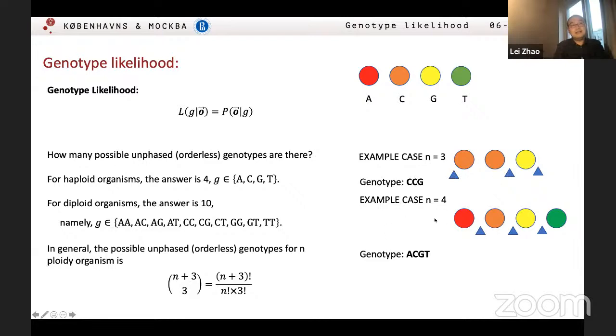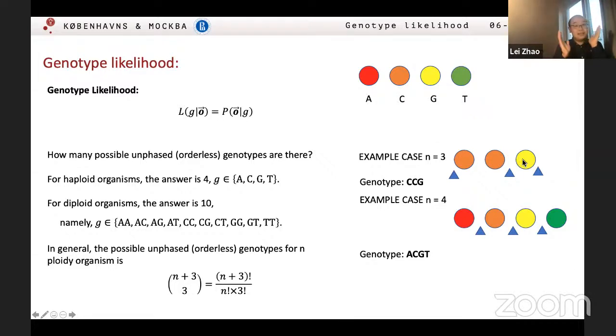And the one underneath becomes ACGT, because each region gets one circle. So this represents ACGT.